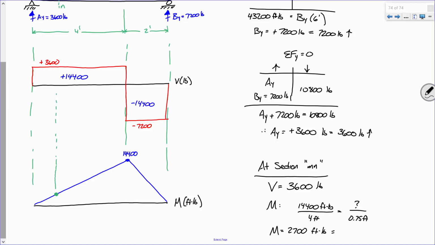There was a few folks on the exam still doing that. 32,400 inch-pounds. Any questions? Everybody good? All right.